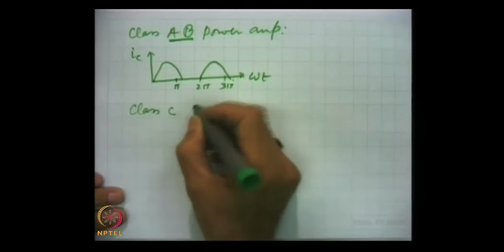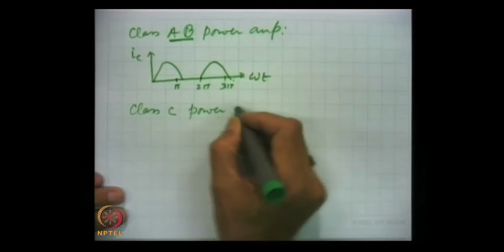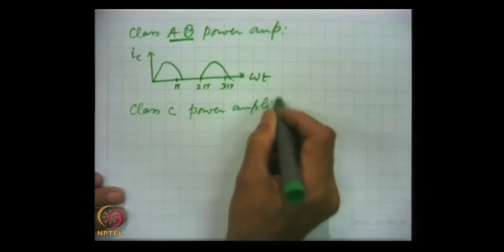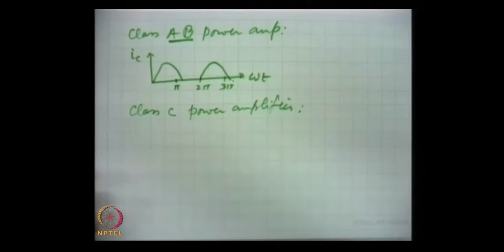Now, finally, class C power amplifier. In class C amplifier, the operating point is chosen such that collector current flows for much less than 180 degrees.